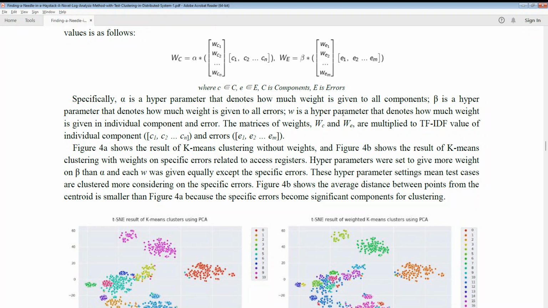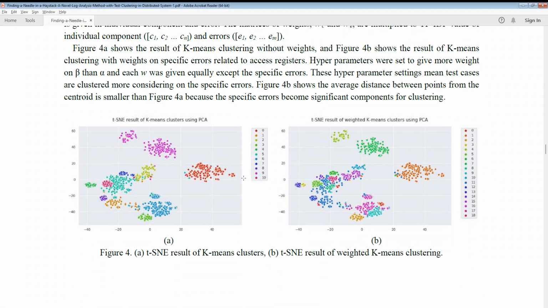These hyperparameter settings mean test cases are clustered more considering the specific errors. Figure 4b shows the average distance between points and the centroid is smaller than figure 4a, because the specific errors are a significant component for clustering.